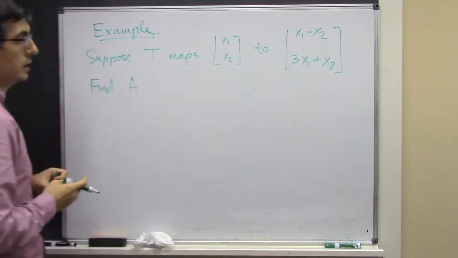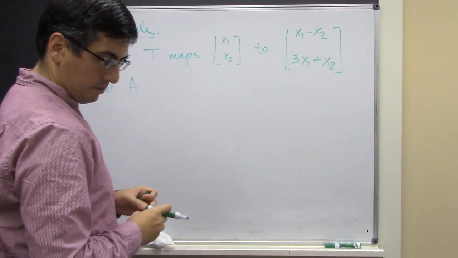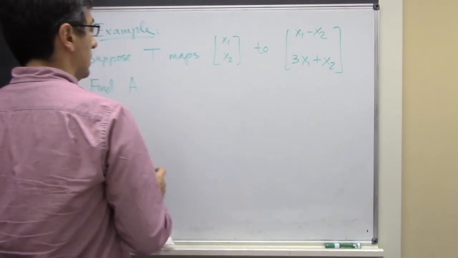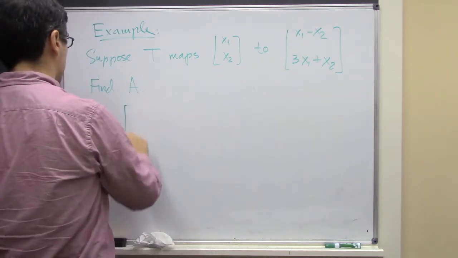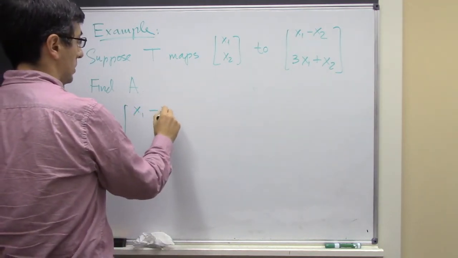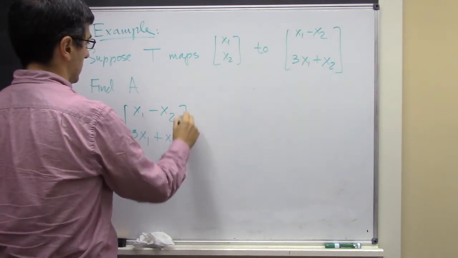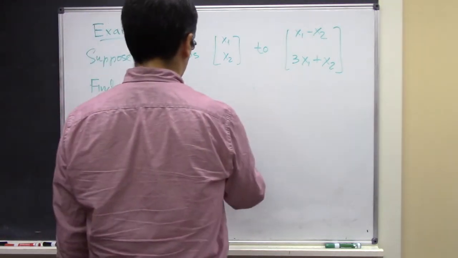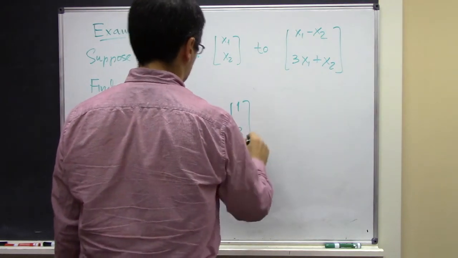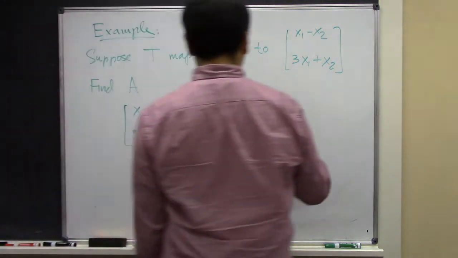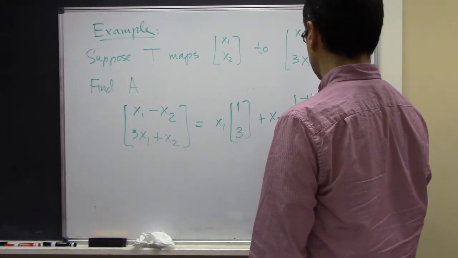The way you can solve this exercise is, well, you can take this formula and decompose this into x1 times (1, 3) plus x2 times (minus 1, 1).